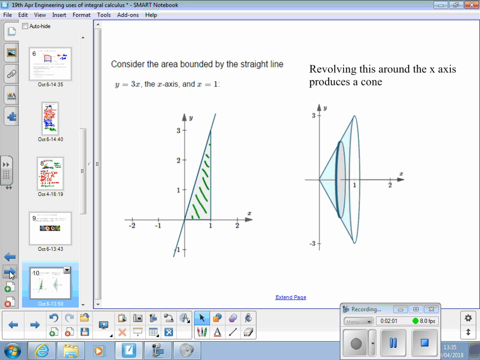Yep. So what we're going to do is consider how we can use integration to find the volume of that.